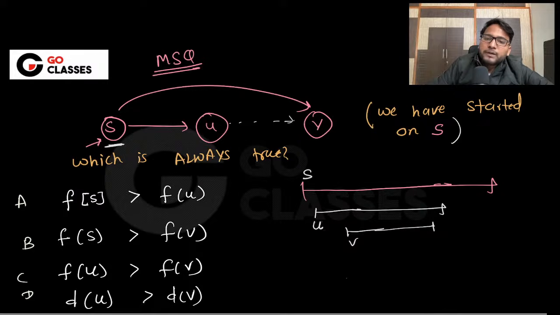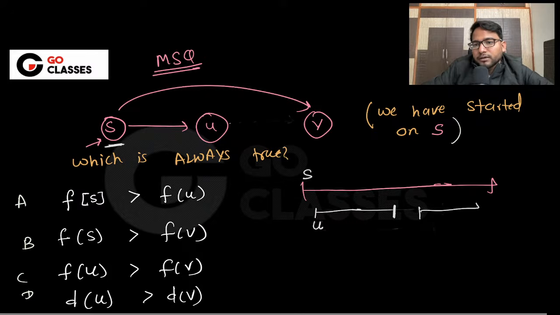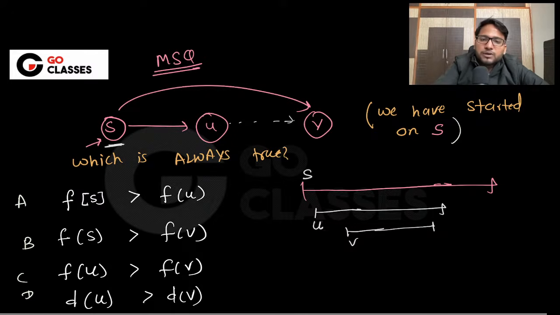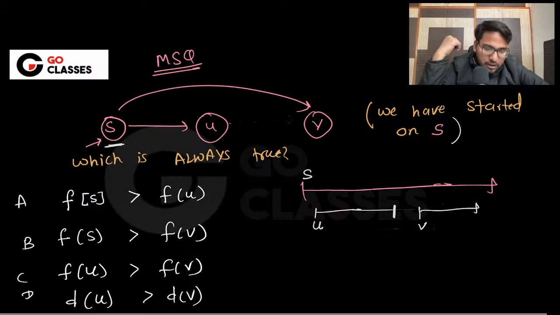This is one possibility. If there is no edge, which means let's suppose there is no path from U to B, then U can be finished, and then I will be starting V. Either this is possible or this is possible. If there is an edge, then this is possible. If there is no edge, then this is also possible, right?